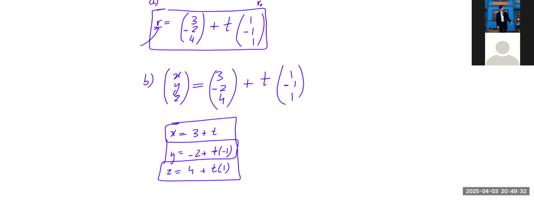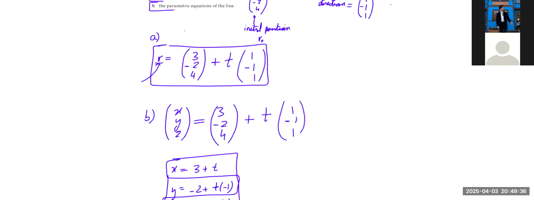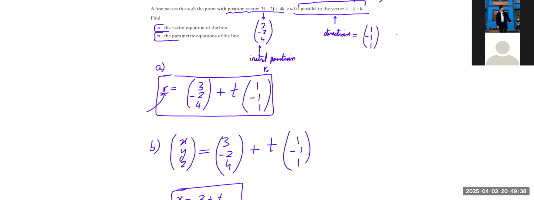Just to clarify again, for example, if I say what is the new position when t is, I don't know, -2, you can simply plug in t is -2 and solve for r. It's going to be 3 minus 2. What is the y value going to be?